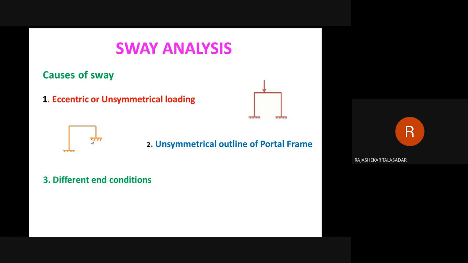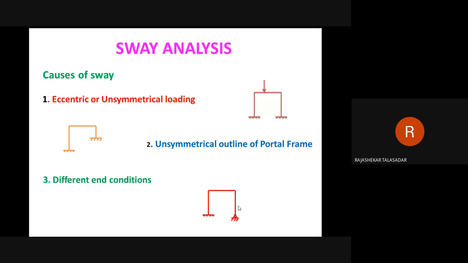Third, different end conditions. What does that mean? See here. Suppose both ends are fixed and the load is at the center, then it is symmetric. Here, suppose no loading is there, but one end A is fixed and D is hinged. In this case also, lateral movement of the frame takes place.